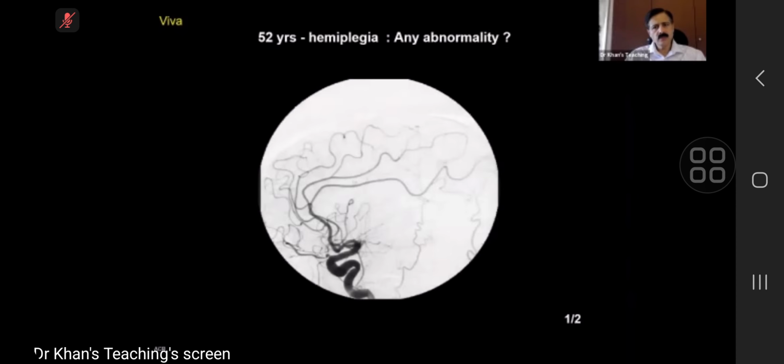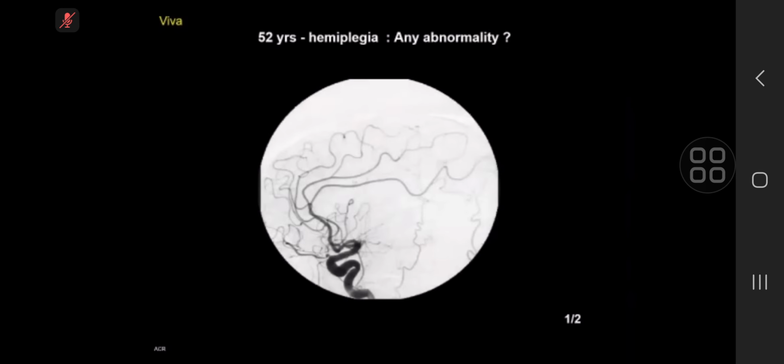Okay, so this is a DSA carotid angiogram. I can see normal calcification of the ACA and the MCA, and the tiny branches coming off of them.